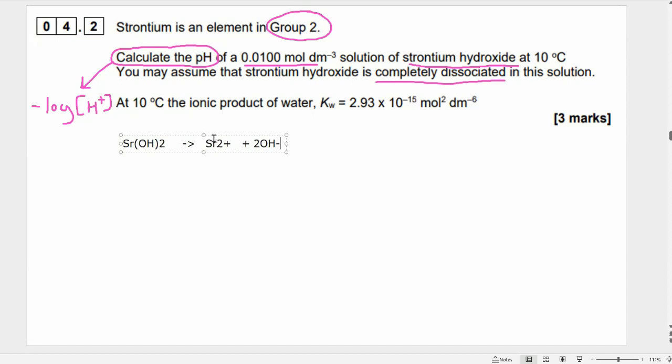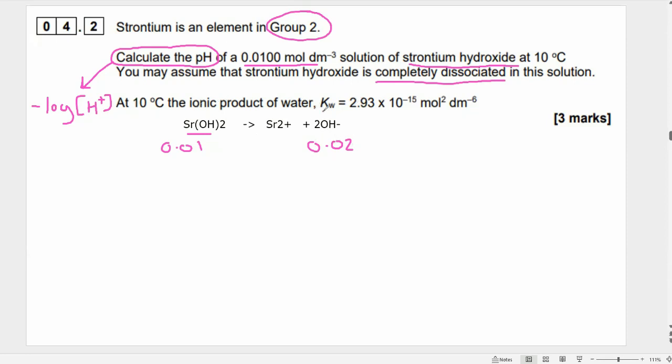So you don't need to write this equation, but the whole point of this is so that you know, well, I've got 0.01 of strontium hydroxide, but for every strontium hydroxide that breaks down, you're doubling the concentration. For every strontium hydroxide molecule that dissociates fully, you're going to get 2 hydroxide ions. And we are told that the full strontium hydroxide, all of the molecules dissociate. So we're going to end up with a concentration of hydroxide ions that is 0.02.